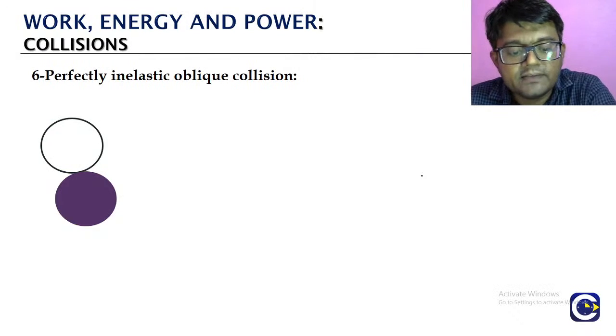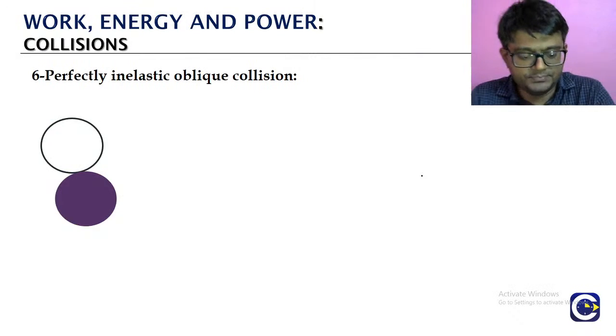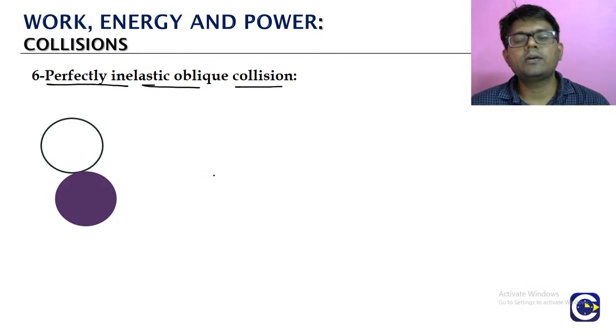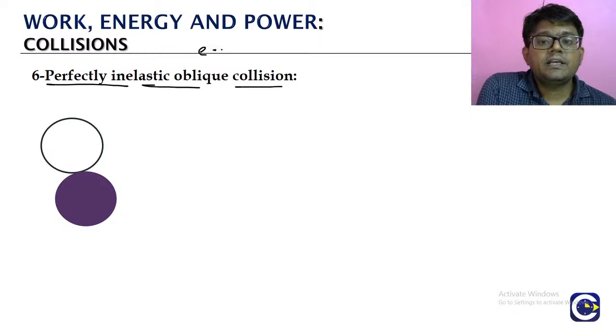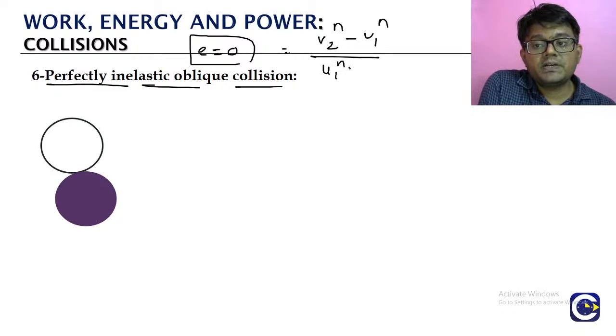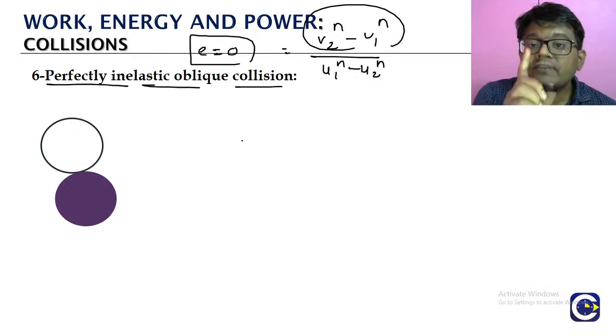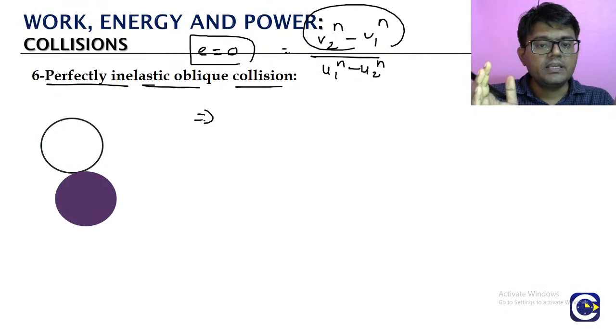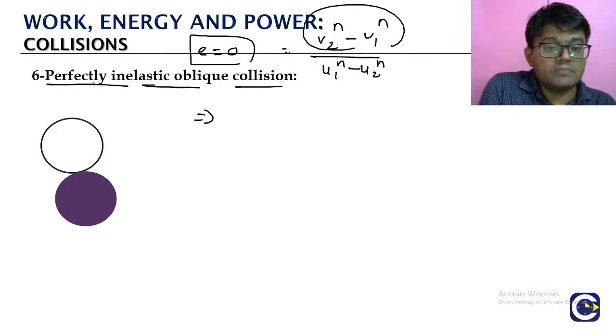Now we look at the sixth type. What is it? Perfectly inelastic oblique collision. Remember here E value will be equal to 0. E means what? V2 along the normal direction minus V1 along the normal direction, means this will be 0. So after the collision, this is very important, because generally what we think is perfectly inelastic can be also called plastic.